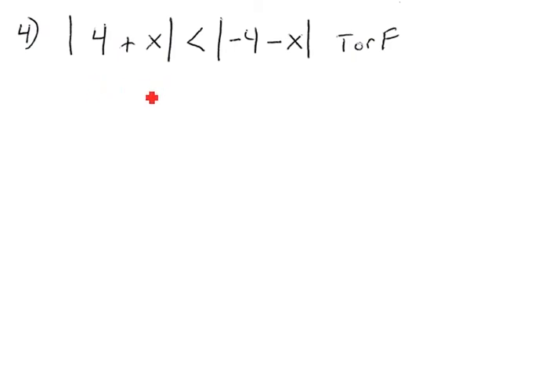So on number 4, again, any positive number, let's go for the number 1. All right, so 4 plus 1 is 5. And on this side, -4 and -1 is -5.